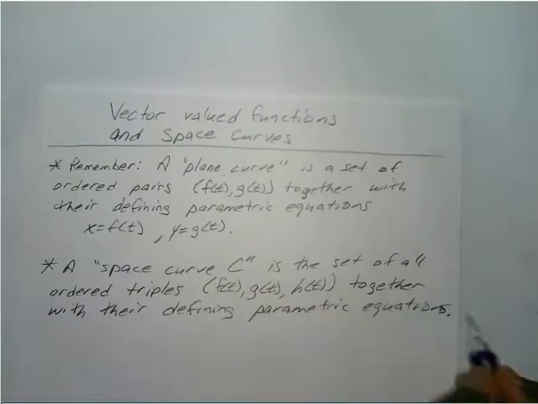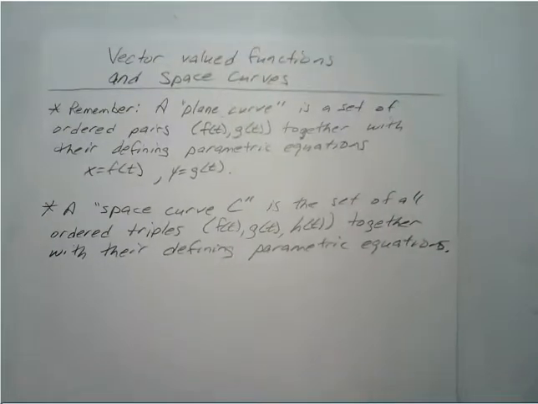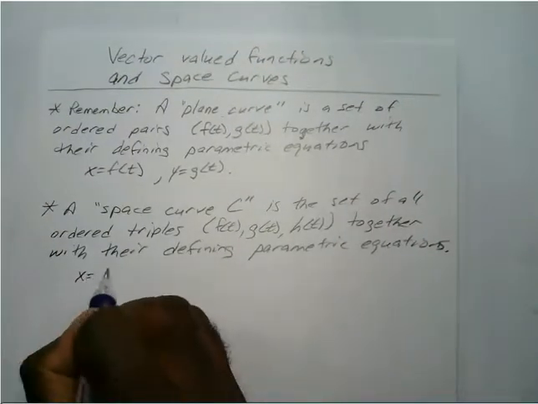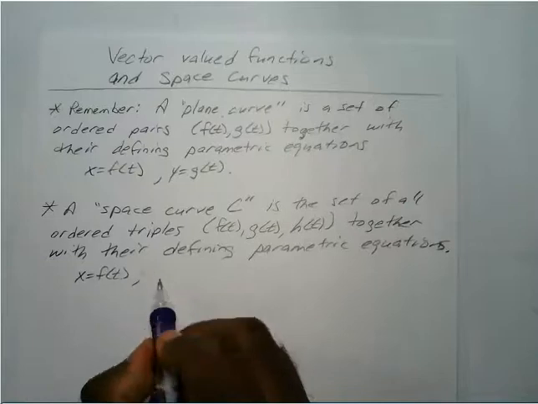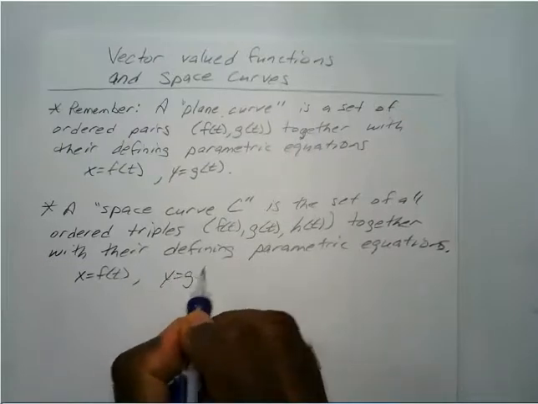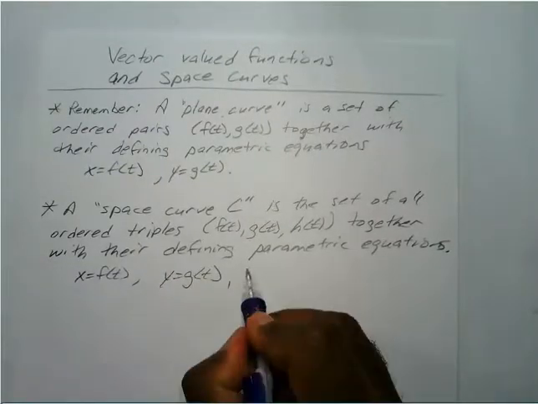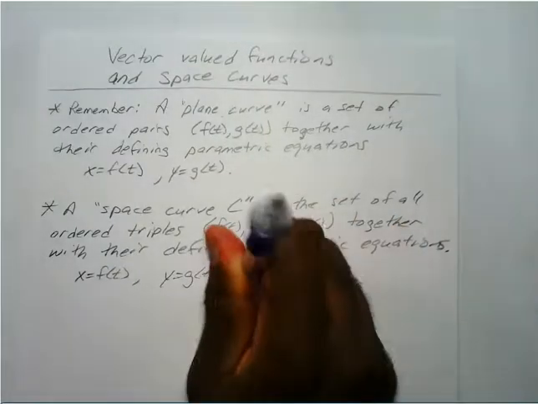Those parametric equations are x equals f of t, y equals g of t, and z equals h of t.